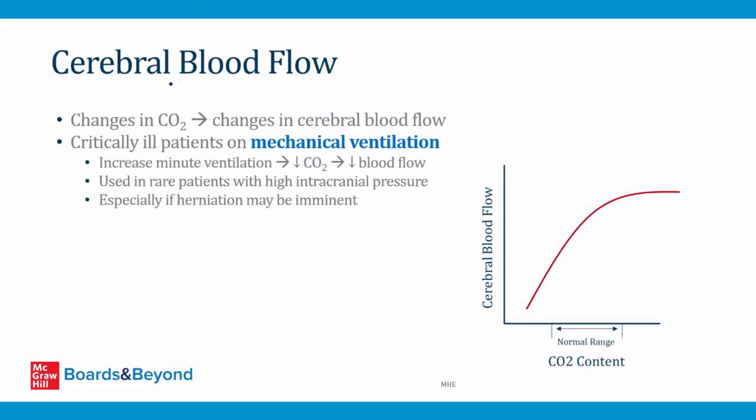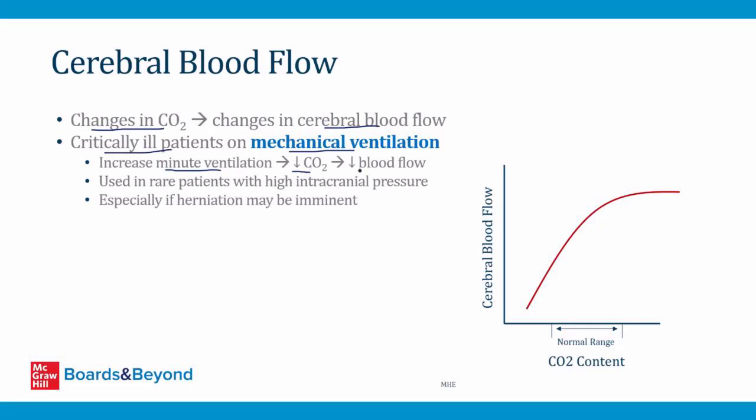This has some implications in clinical medicine because changes in carbon dioxide level will change cerebral blood flow. This sometimes becomes important when you have critically ill patients on mechanical ventilation. In a patient on a mechanical ventilator, you can control the carbon dioxide level by modifying the ventilation rate. If you increase the minute ventilation, that will lower the CO2 level because there's more ventilation, more CO2 being exhaled.